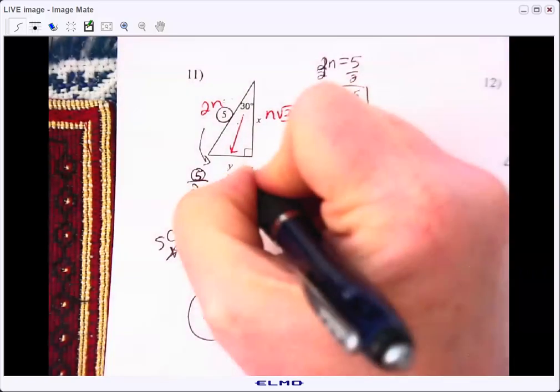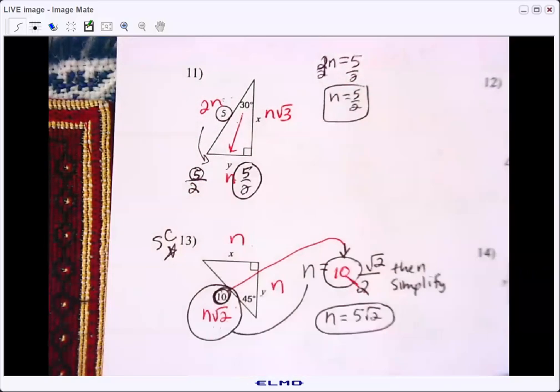What do I do with my 5 over 2 now that I have n to find the long leg?